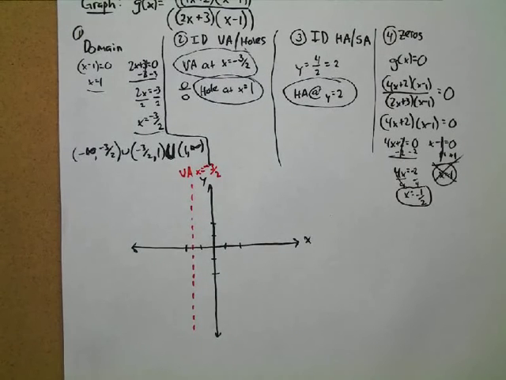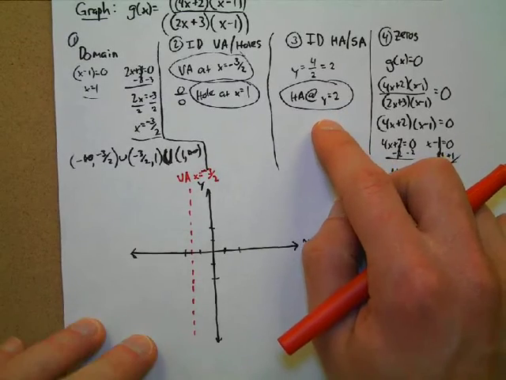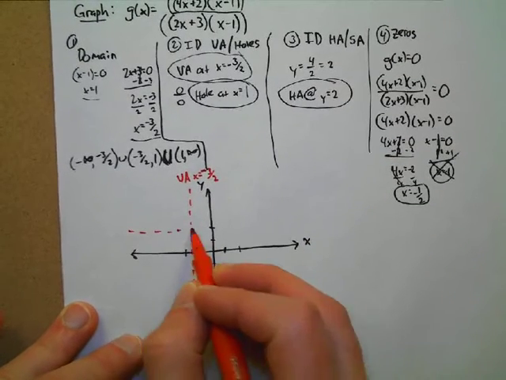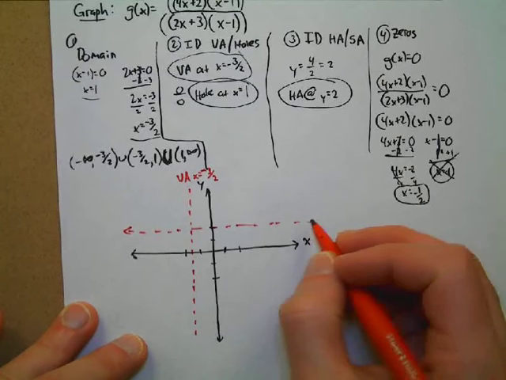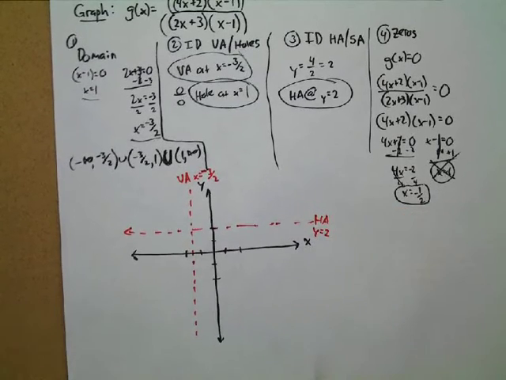There's our vertical asymptote. We also have a horizontal asymptote at 2, so I'm going to graph that in as well. So 1, 2, that's right here. Just like that.